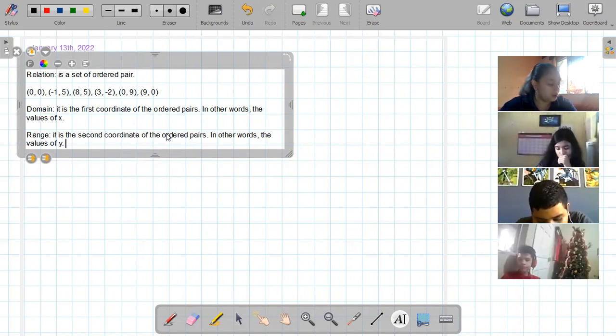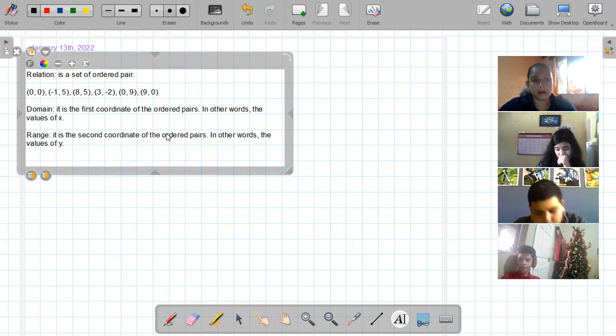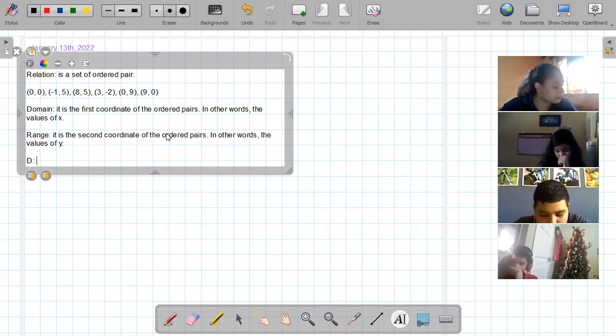So the values of y. Okay, so we defined already a relation, the set of ordered pairs, the domain is the first coordinate, and the range is the second coordinate. When we are going to find it, we're going to say D, and we are going to use these braces, okay?